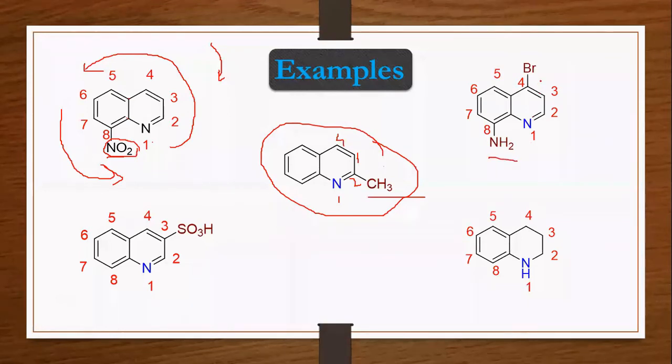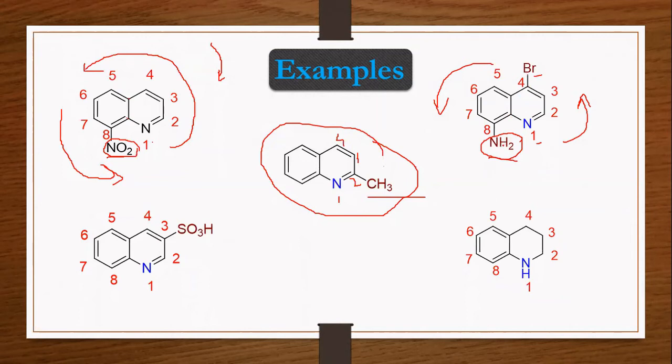Now here two substituents are present. One is NH2 and another one is bromine. Okay, you can give numbering as per the IUPAC rules. Numbering is started from carbon 1 and passed in anti-clockwise direction. Okay, then the amino group receives the 8th position and bromine receives the 4th position. Now two substituents are there. One is bromo and another one is amino.